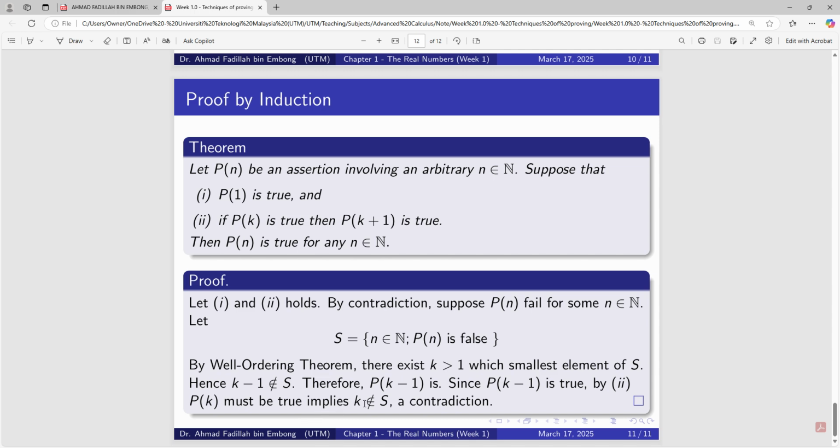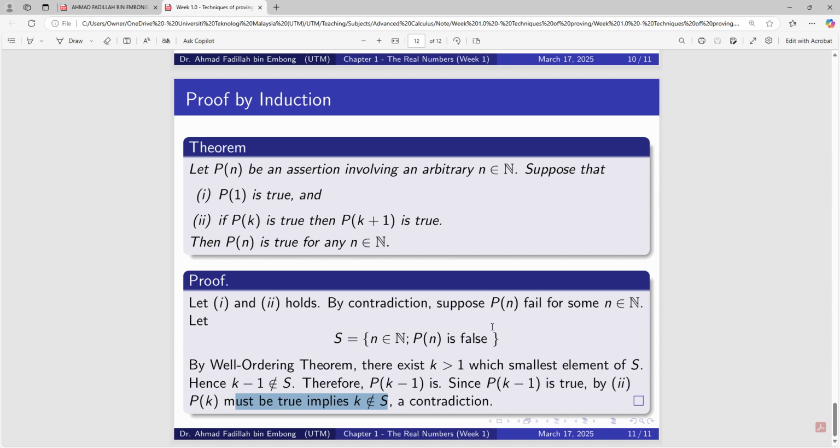So that implies that P(k) is true, meaning that k does not happen to be inside S. So this is a contradiction, because from the beginning we assumed that k is the smallest element of S, but at the end we come out with k not belonging to S. This contradiction happens because we assumed that there exists some P(n) which fails for some n inside the natural numbers.